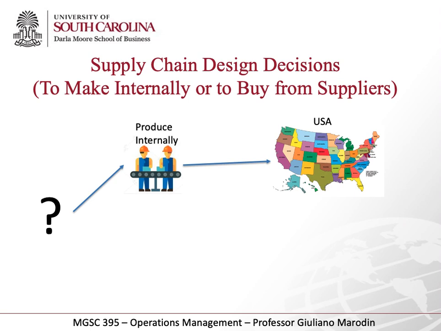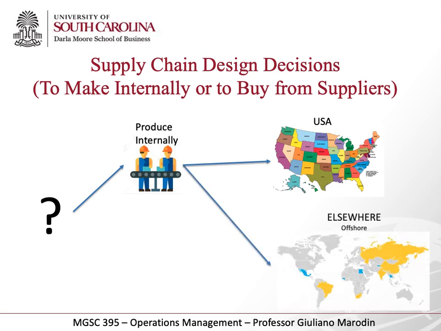They can make their own tires, producing internally, creating a plant in the United States, or they can produce their own tires but put the plant in Mexico, Brazil, Russia, China, India, whatever they want. The other option is for them to buy from suppliers.